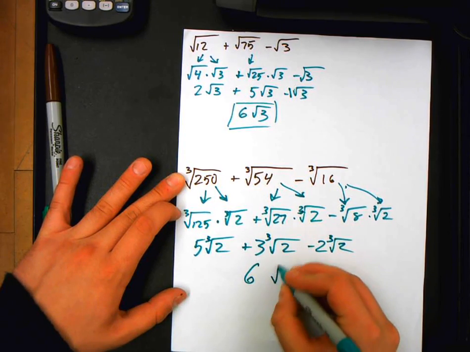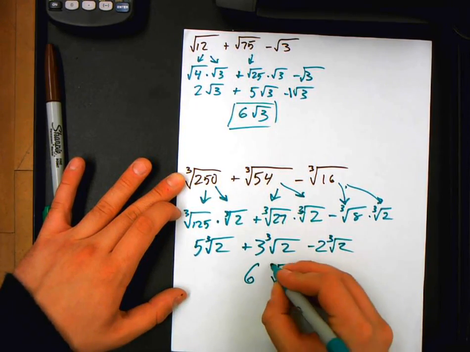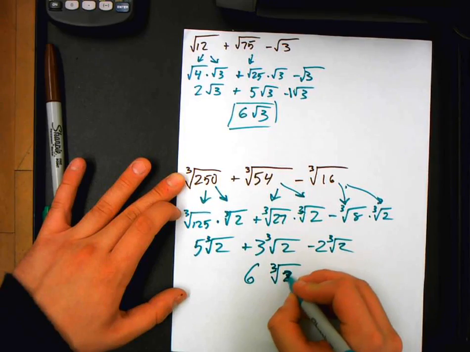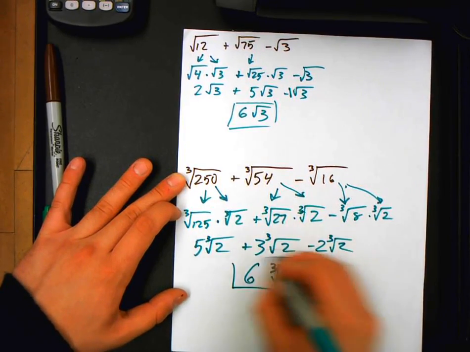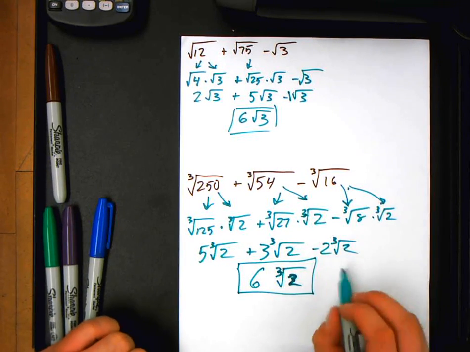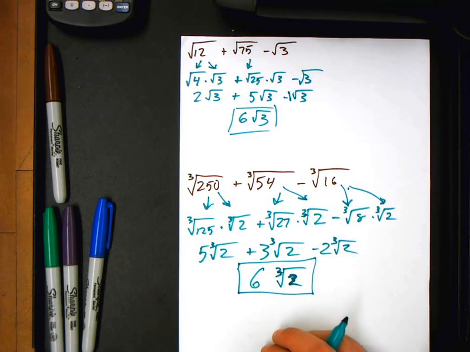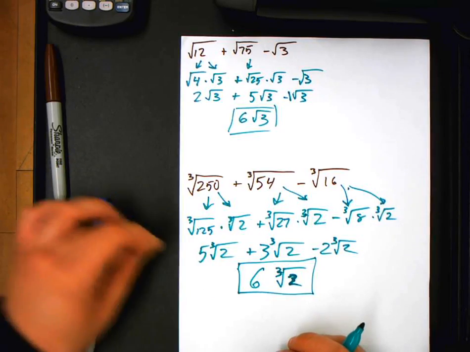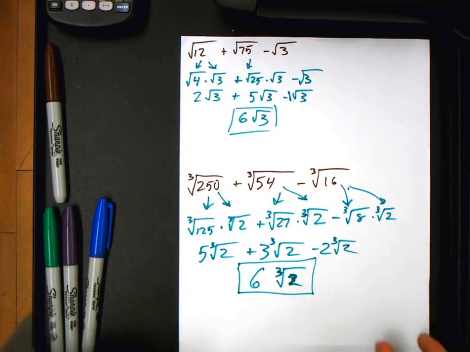So my answer is 6 cube root of 2. So only if we have equal indexes and equal numbers underneath our radical can we combine them. From the start, we had to factor out and see what we can cancel and simplify.